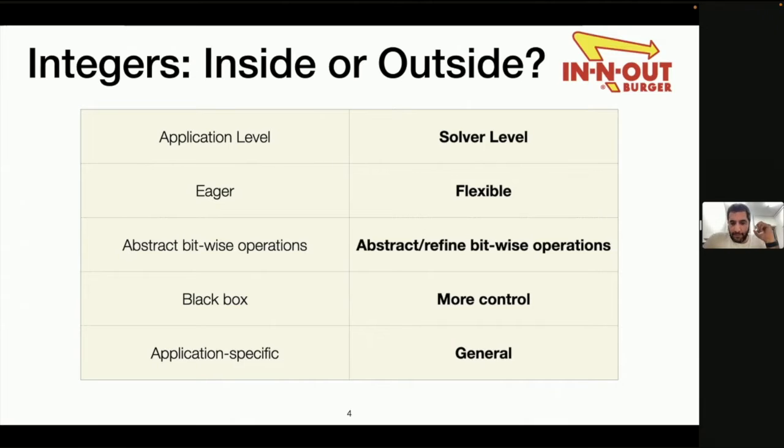And bitwise operators are challenging to translate to integers, and sometimes these are abstracted just to be uninterpreted completely. When you do this, then you use the SMT solver as a black box. And this approach, when you do it in your application, it's typically application specific. Other applications cannot use this encoding that you did.